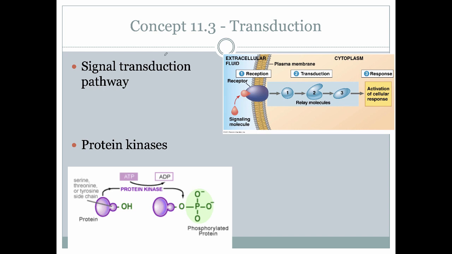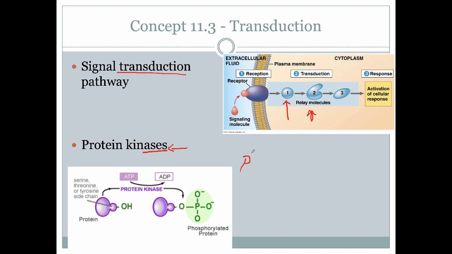So one way that cells can transduce a signal, so they can do this step 2 right here, transduction, is to activate a relay molecule that is something called a protein kinase. All right, a protein kinase is an enzyme because it has ASE, and it's an enzyme that does an enzymatic reaction.